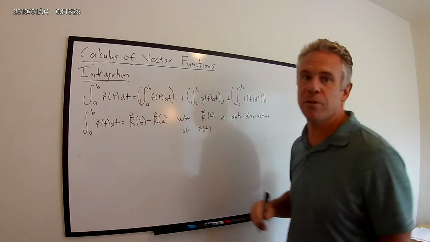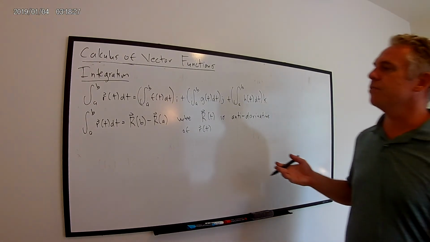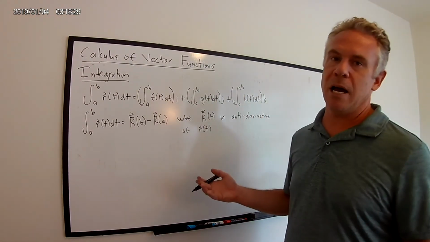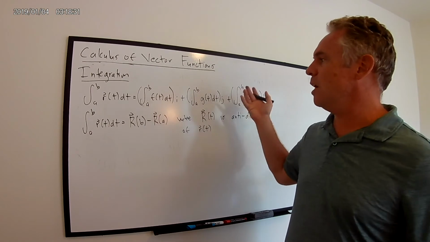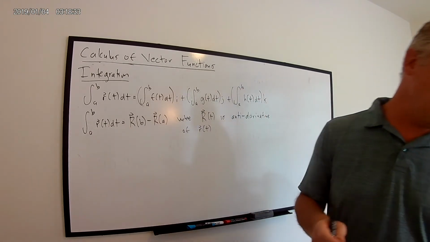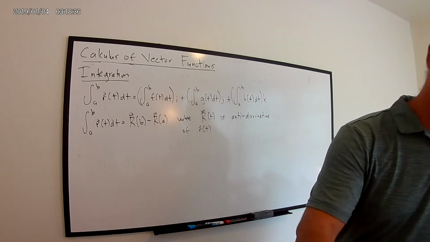That's the fundamental theorem of calculus. The moral here is the same methodology applies to vector functions, but we have to take the integral of each component. Let's do an example problem of this.